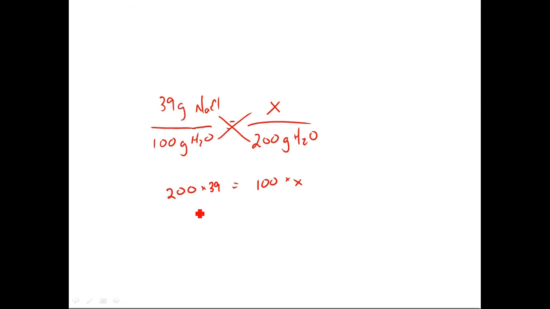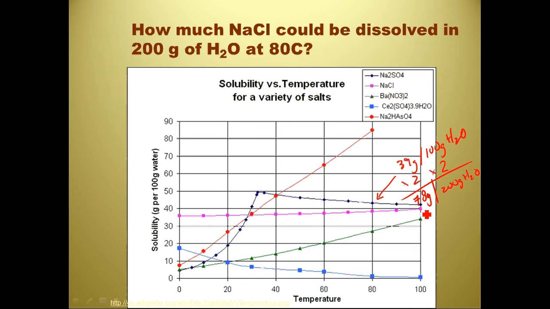So let's see, 2 times 39 is, I just did that, didn't I? 200 times 39 is 78. Add 2 zeros, and is equal to 100x. Divide both sides by 100, like they teach us in algebra class. What you do to one side, you have to do to the other. That cancels itself out, and we get 78 grams being x. It's the same exact answer that we just had, right? 78 grams, 78 grams. Okay.